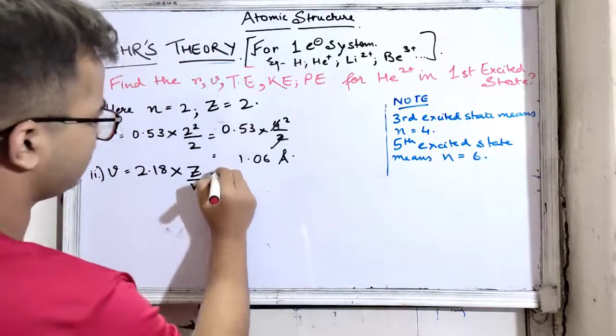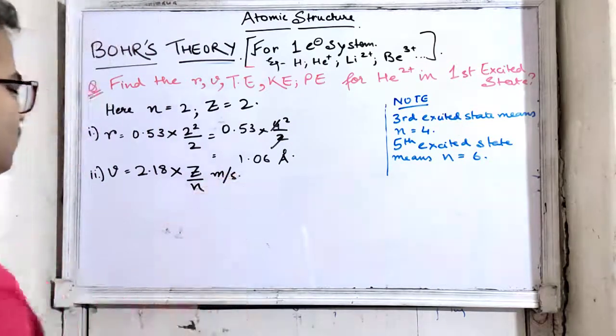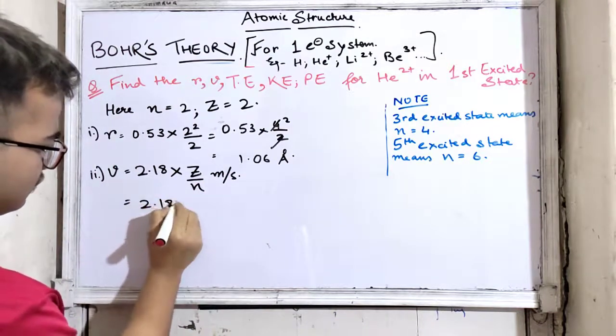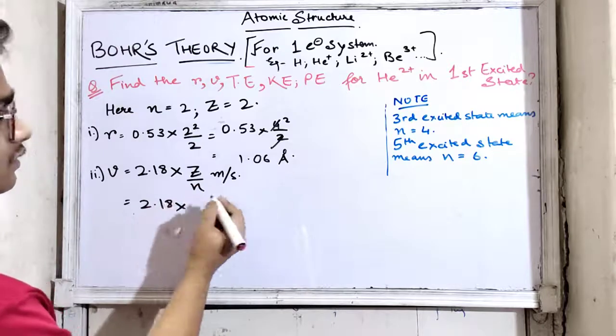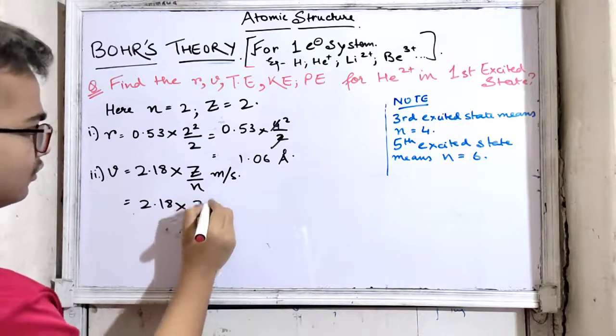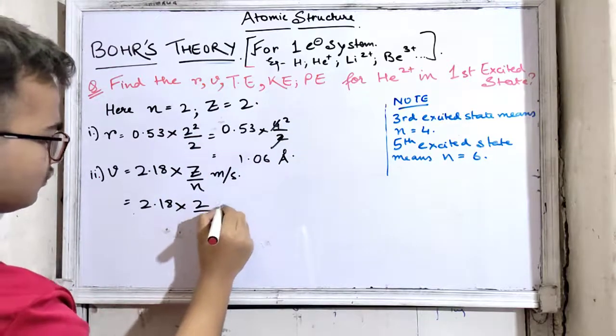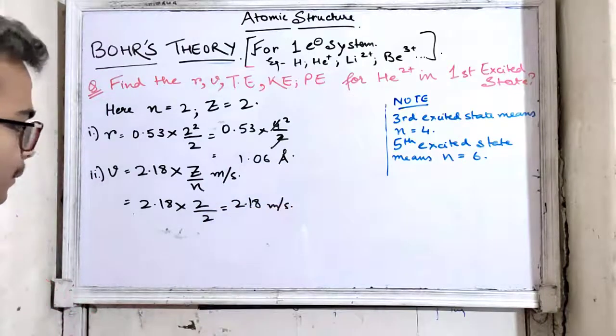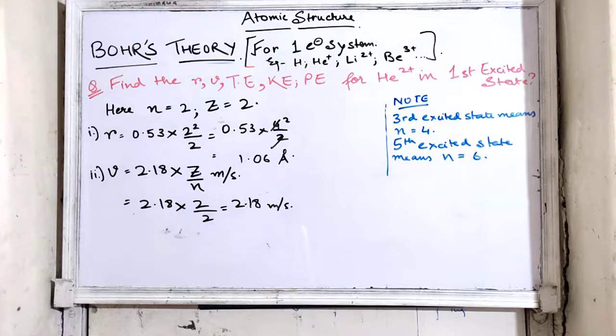The unit is meter per second. So let's find out. So velocity is 2.18 into Z by n, it is coming 2 by 2, equal to 2.18 meter per second. Clear? All right.